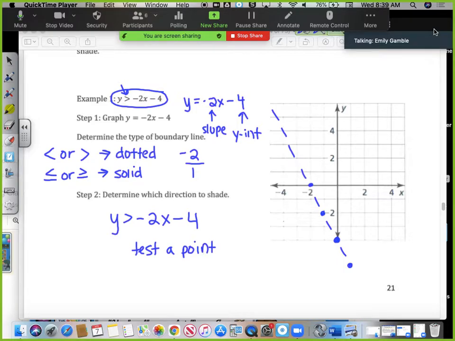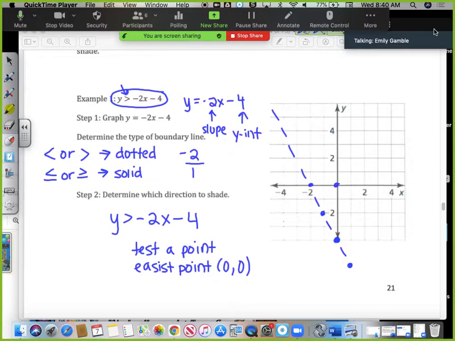The easiest point to test is 0, 0. You can only use a point that's not on the line, though. So you can't choose any point that is on the line. The easiest point to use is 0, 0, but sometimes 0, 0 is on the line, so you can't use that point.